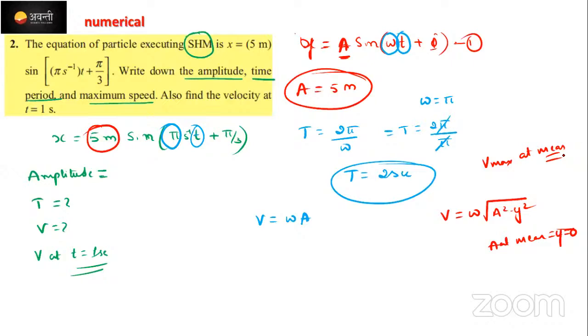A square and square root cancel, then the remaining thing will be v is equal to a omega. Clear?